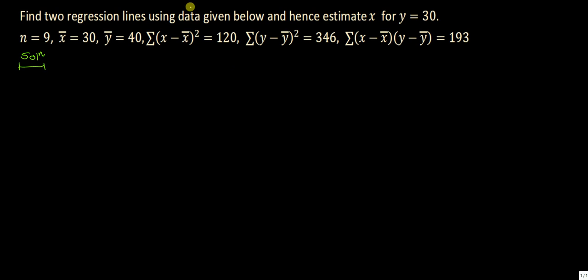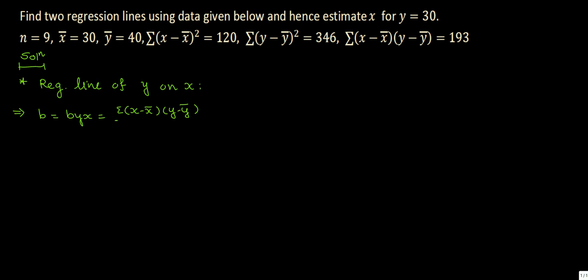Right now we are going to find our first regression line, the regression line of y on x. First we need b, which is byx here. From the given information, the formula is byx equals sigma x minus x bar into y minus y bar divided by sigma x minus x bar whole square.